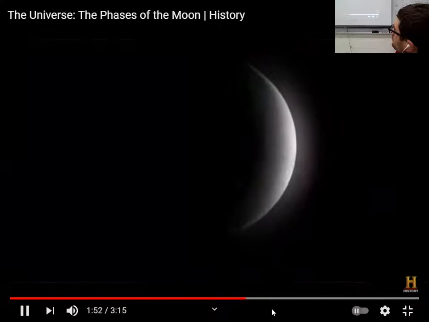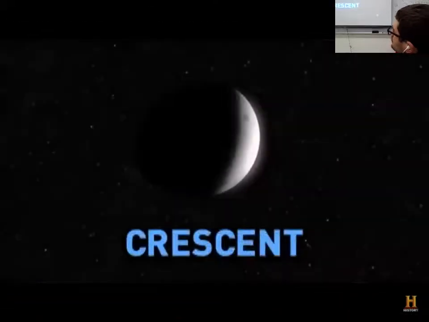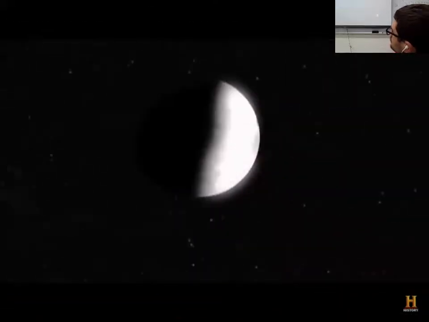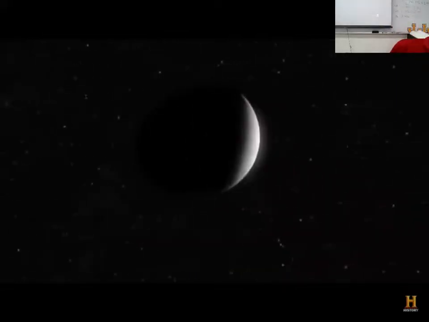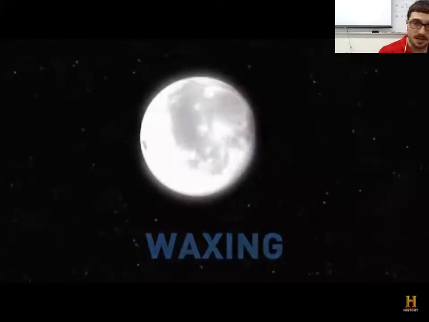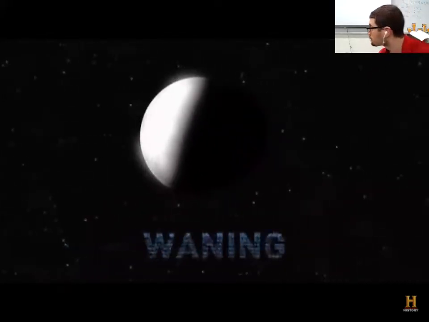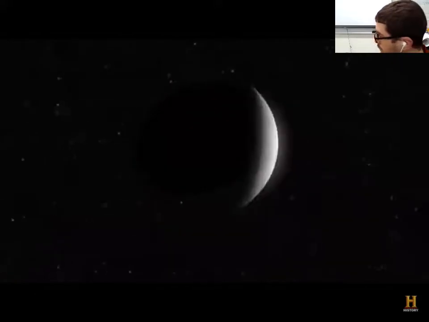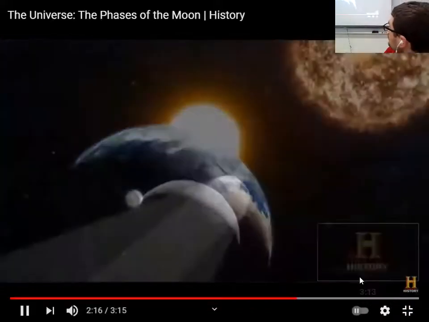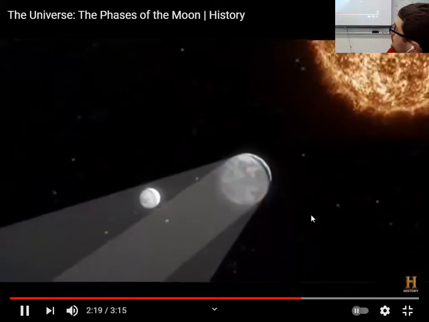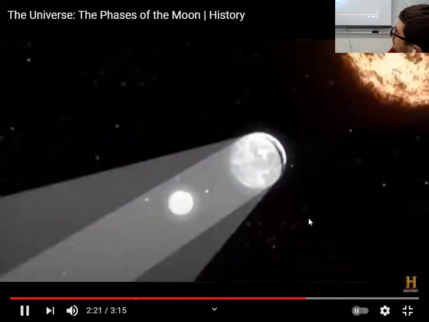In between, the moon is either a crescent, which means it's less than half full, or gibbous, which is more than half full. When the moon appears to be growing, we say that it is waxing. If it appears to be getting smaller, it is waning. During a full moon, if the moon, earth, and sun align, and the moon passes through the earth's shadow, a lunar eclipse will occur.